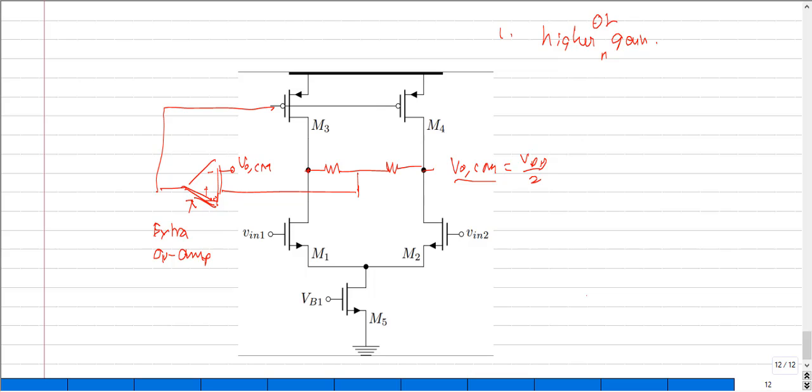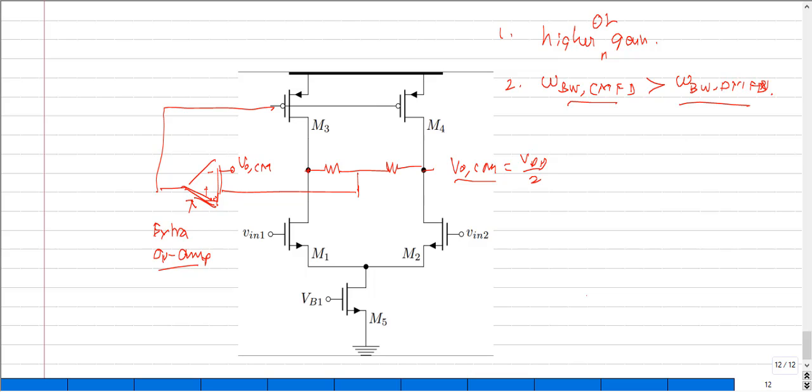And the second requirement that is posed upon this extra op amp circuit is the bandwidth. So the bandwidth of my common mode feedback amplifier should be larger than the bandwidth of the differential mode feedback network.